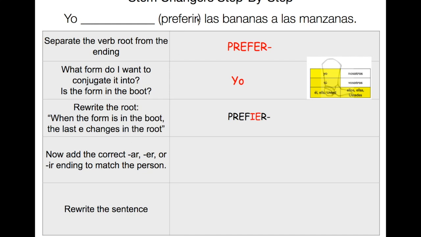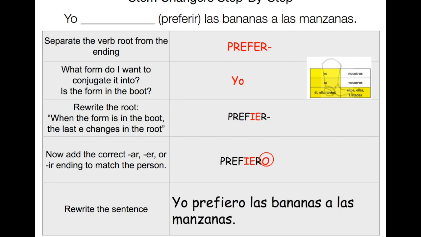We have an IR verb. So the correct ending for the IR verbs for the yo form is O. So you have prefiero. And last, rewrite the sentence. Yo prefiero las bananas a las manzanas. And here is your conjugation.